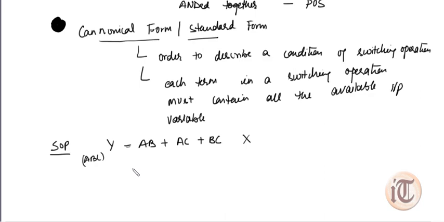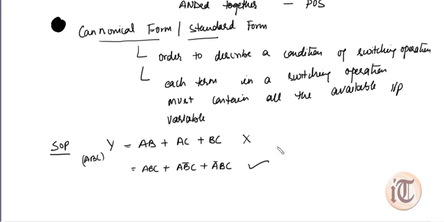But if the expression is ABC plus A B bar C plus A bar B C, then this is a canonical or standard form, because all three literals are present in each product term, whether in complemented or uncomplemented form.